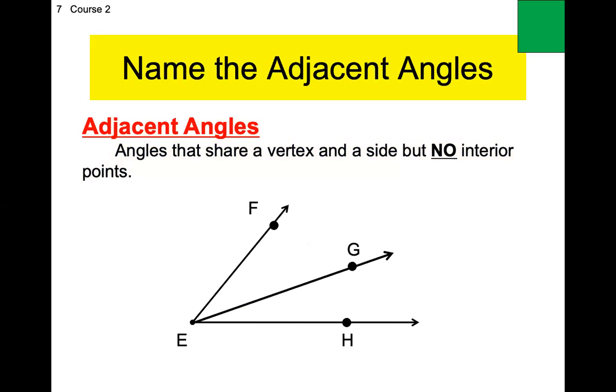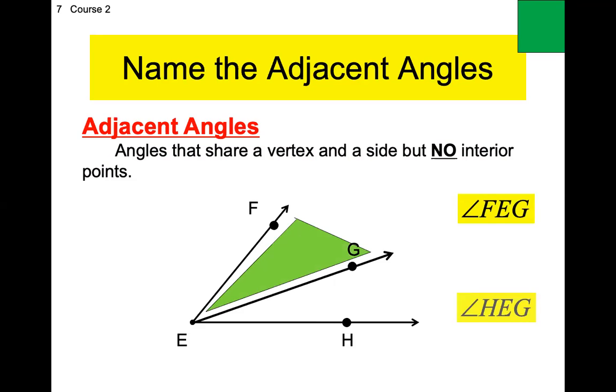So this is kind of like homework, box 7. They're going to ask you to name the adjacent angles. Priscilla, what are the 2 adjacent angles? You could say it any way. She said that very good. FEG, I call it HEG, but you could call it GEH as well.